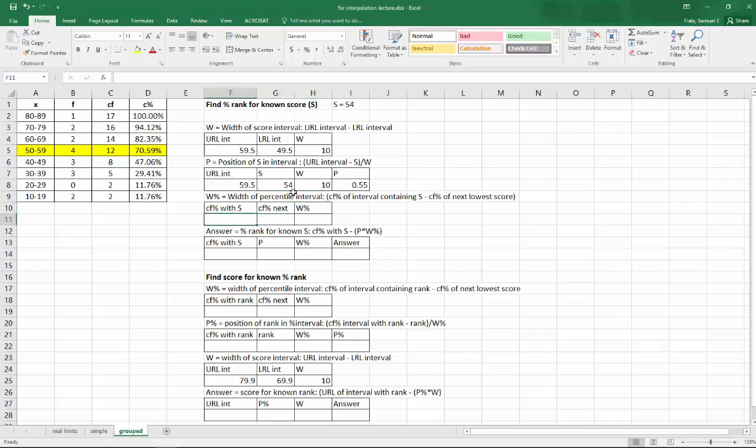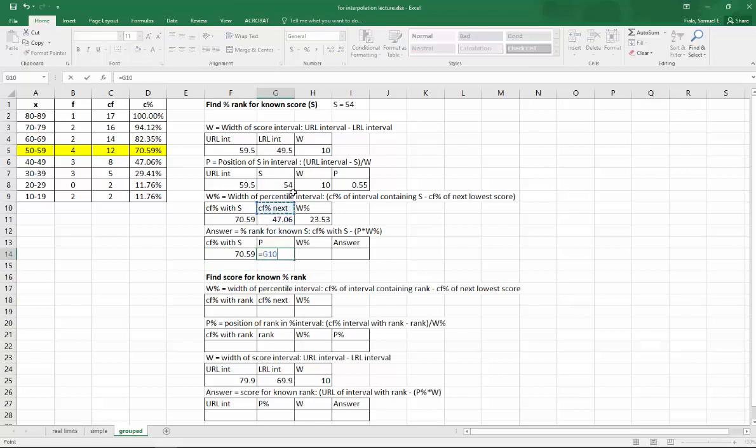So the cumulative frequency that has it, as it's highlighted there, you can see it's 70.59. The next lowest is 47.06. So the width in terms of percentages is first one minus the second one, 23.53. We just said that the cumulative frequency that has the score, it's somewhere in that one with 70.59.